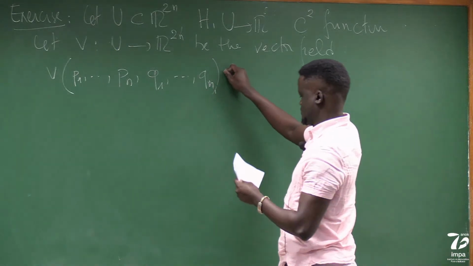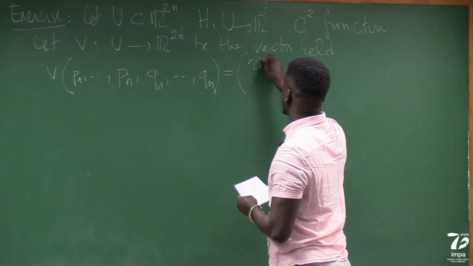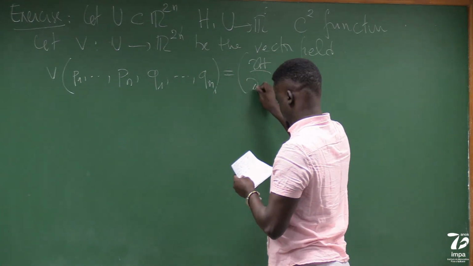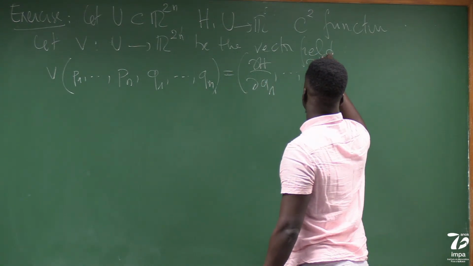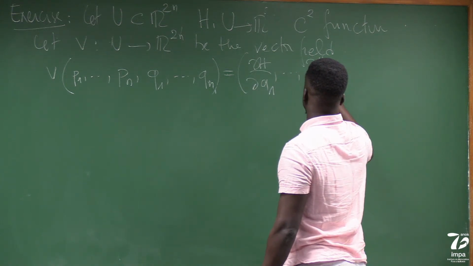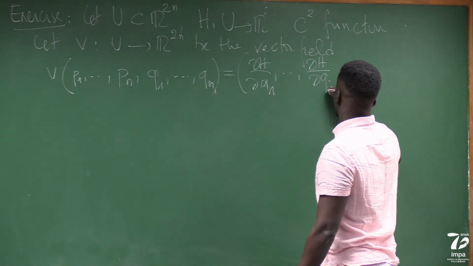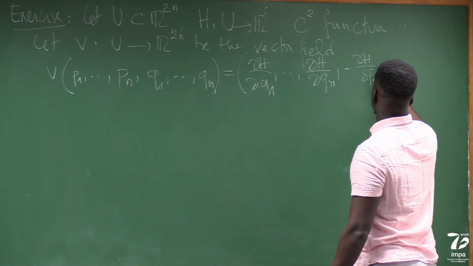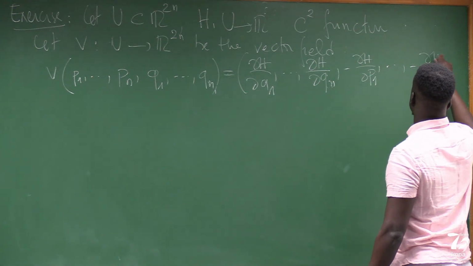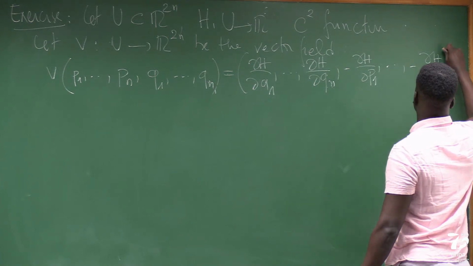So V is dH over dQ1, dH over dQn, and minus dH over dP1, minus dH over dPn.